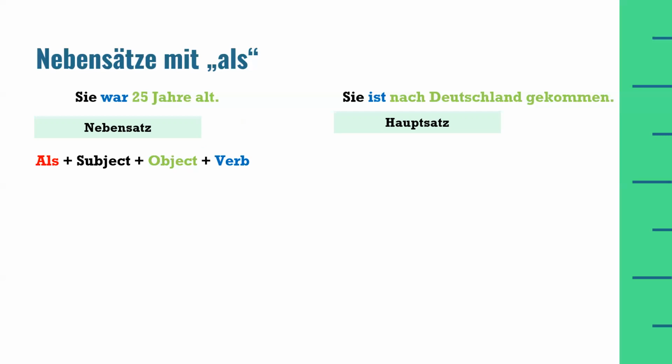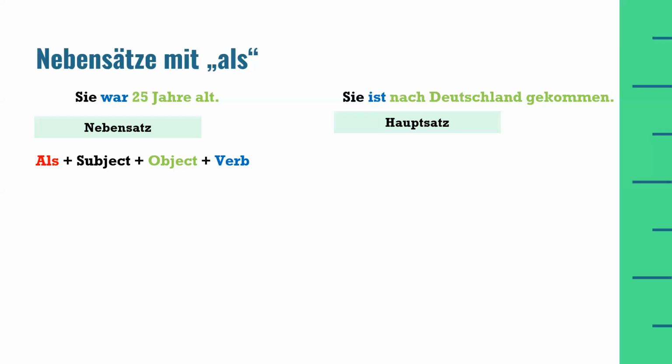So if this is the case, then we have to start the Nebensatz with the conjunction als. Als will come at the first position, followed by the subject. Then comes the object.